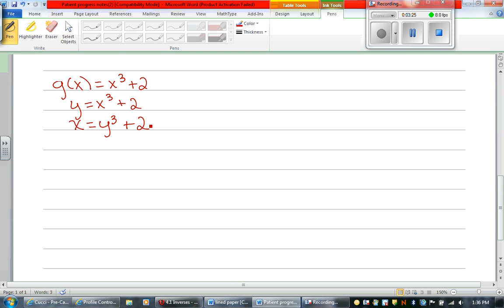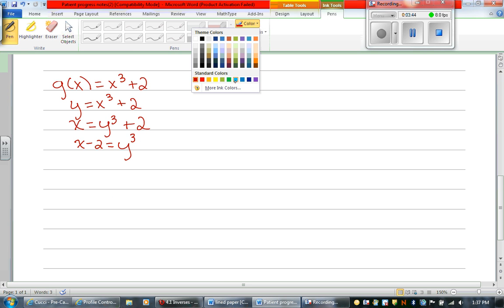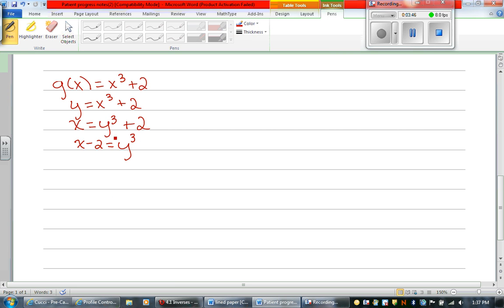And now we need to solve for y. We're going to start by taking this 2 and moving it over to the other side. So we get x minus 2 equals y cubed. Then we want to take this y cubed and make it just y. In order to get rid of the y cubed, I need to take the cube root of each side.